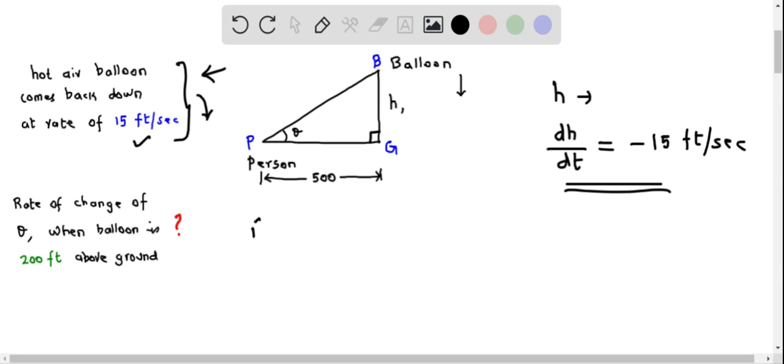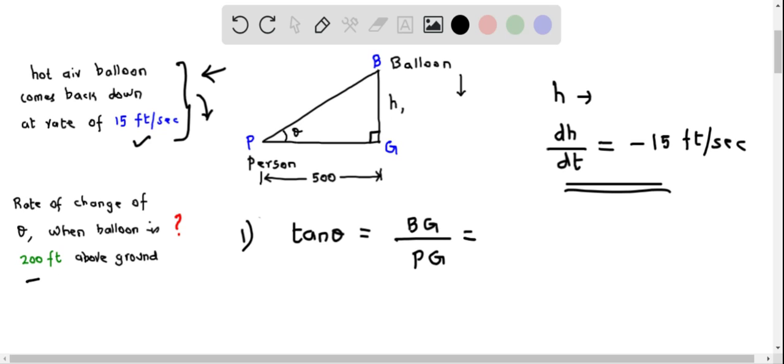Now in step 1, I'm going to write down the trigonometric ratio, that is tan theta. Tan theta equals the opposite side over the adjacent side, using the SOH CAH TOA formula. The opposite side is BG and the adjacent side is PG. Let's substitute the values.